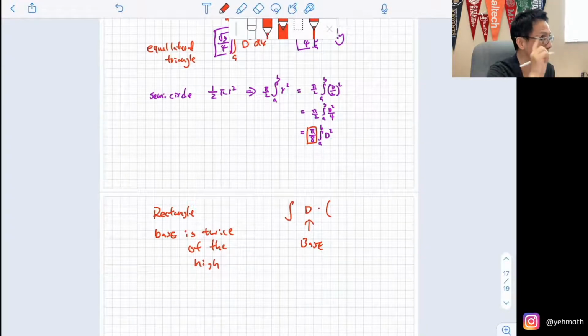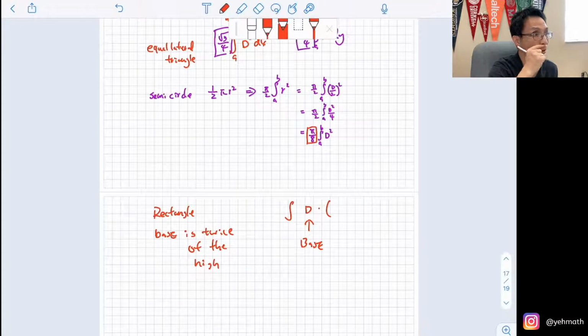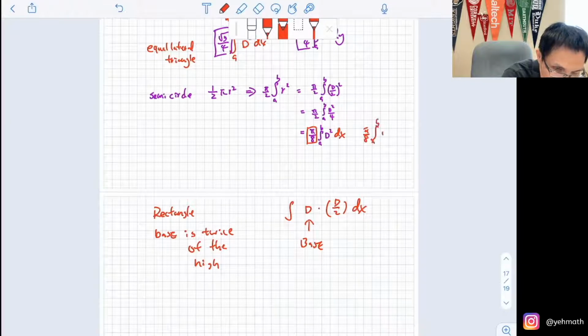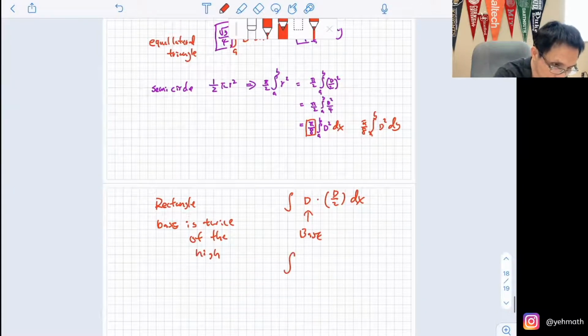People who are good at the SAT read these things very carefully. Base is twice the height. Oh, that's 1/2 of d. Yes, because the base is twice. It's very easy to get confused because of the way it's worded. So the height is d over 2 and dx. Now, this could be dx or dy, with the integral from a to b of d squared. Again, in this particular case, it's d squared times 1 over 2 between a to b dx.